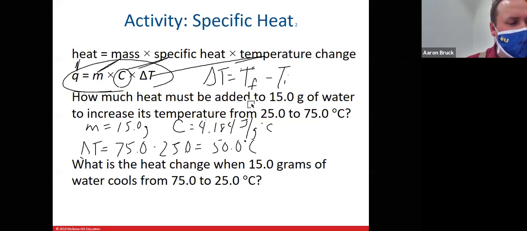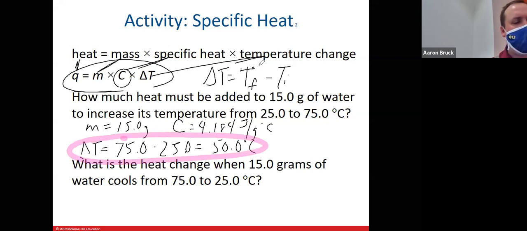If the heat changes when the water goes back down from 75 to 25, the only thing that is changing there is my delta T. We're now going from 75.0 degrees where we started to 25.0 degrees where we end.